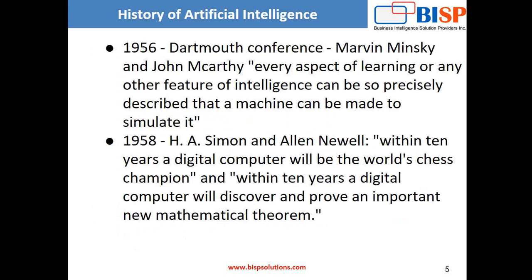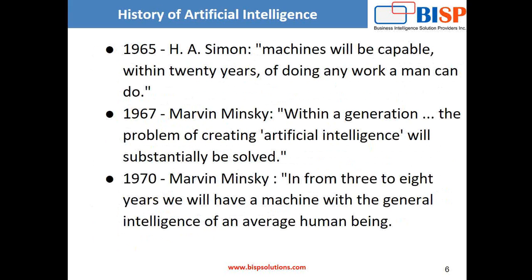So the vision people had around the 1950s saw its first achievement only in the 1990s. In 1965, H.A. Simon again put forward the vision that a machine will be able to do whatever a human is able to do. Again, nowhere near, even today, has that been achieved.